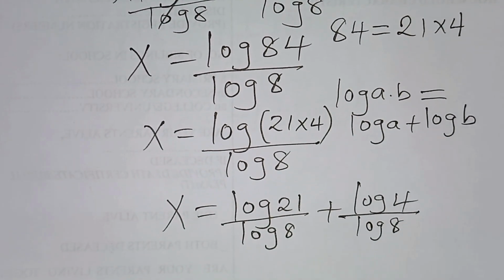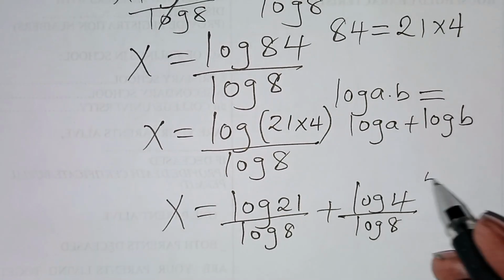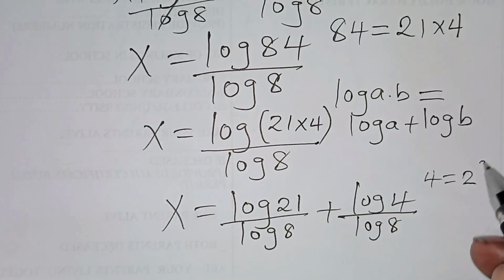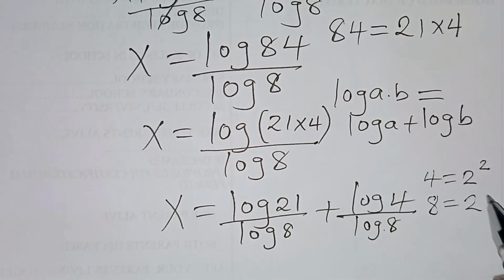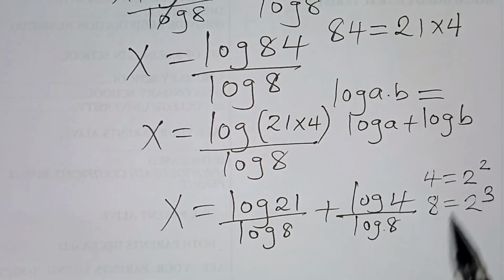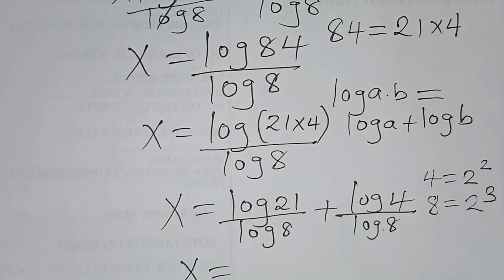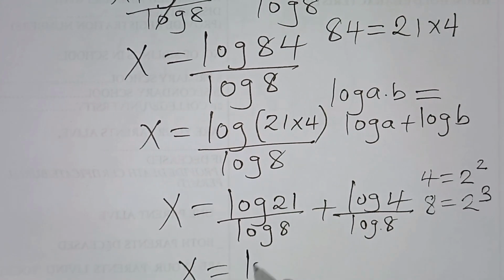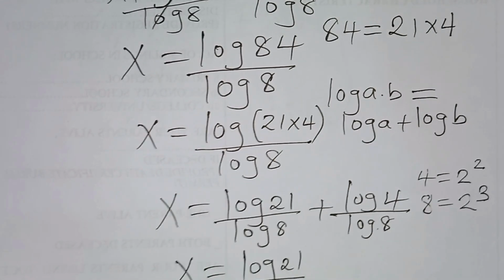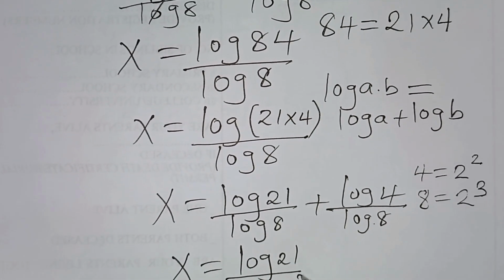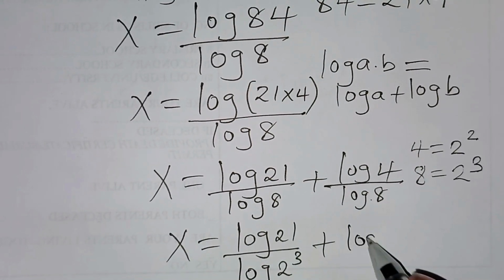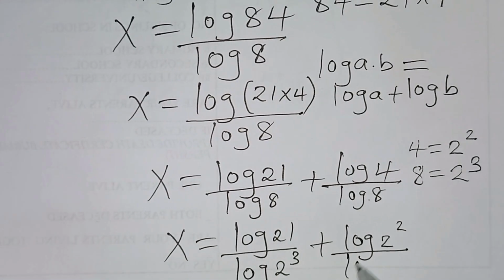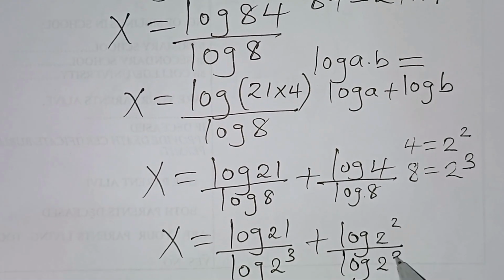So in this case, we can express 4 as 2 to the power 2, and you can express 8 as 2 to the power 3. So let's substitute this. So x here is equal to log 21 divided by log 2 to the power 3, plus log 4, which we can express as log 2 to the power 2, divided by log 8, which is log 2 to the power 3.